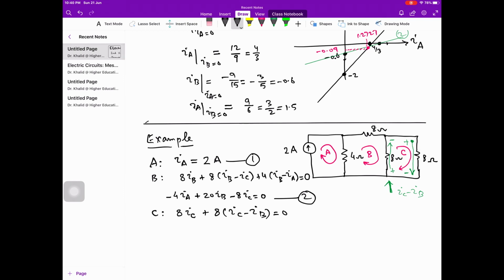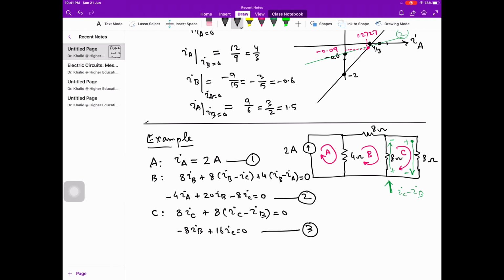Combining coefficients, there is no IA term, only IB and IC. So this is minus 8 IB and IC over here. This is IC and IC, and it is plus 16 IC. Right hand side is equal to 0. And this is our equation 3.